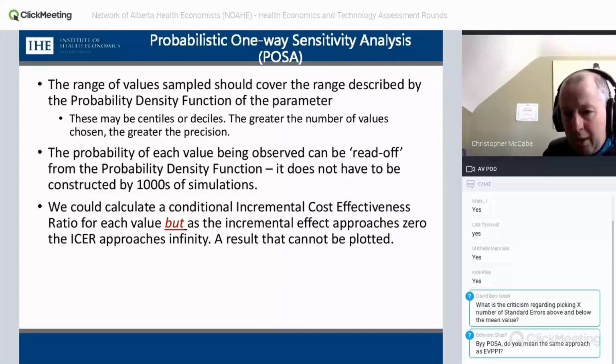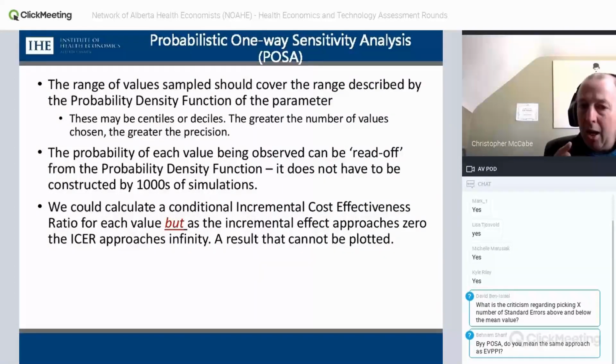And the other difference between POSA and EVPPI is, as I said earlier, we're using that data to address a different question. Not what is the change in the probability of making the wrong decision by doing this piece of research, by knowing this parameter with certainty, and therefore the reduction in the value or the cost of making the wrong decision, which is what EVPPI tells us.